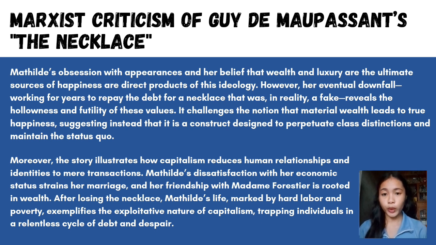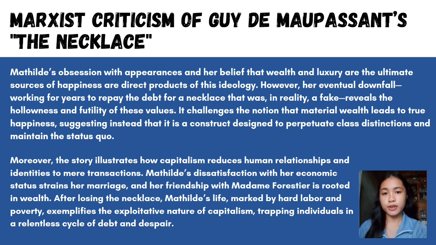Her downfall, working for years to repay a debt for a necklace that turns out to be fake, challenges the notion that material possessions bring true happiness. Thus, this revelation critiques the ideologies that promote wealth as a means to personal fulfillment and exposes the hollowness of these values.